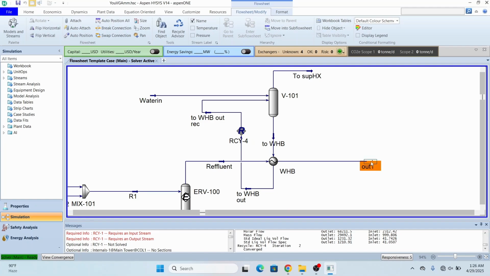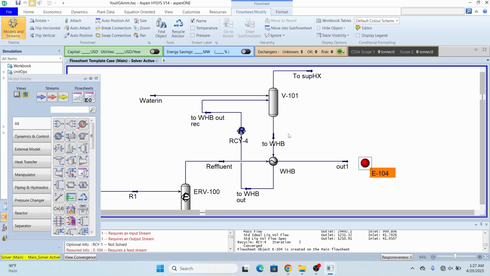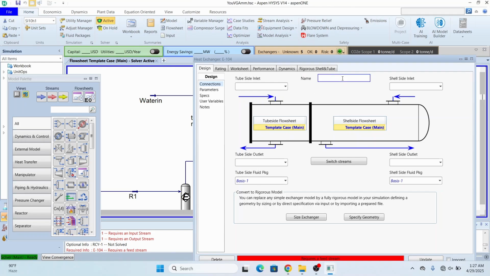Now after our waste heat boiler, the second thing that is used is a superheater. We will use another heat exchanger that will superheat the steam that we have generated. Again, I will go to my model palette and place a heat exchanger over here, and I will double click on it. I will name it superheater heat X. My tube inlet will be out 1 and tube outlet will be out 2.